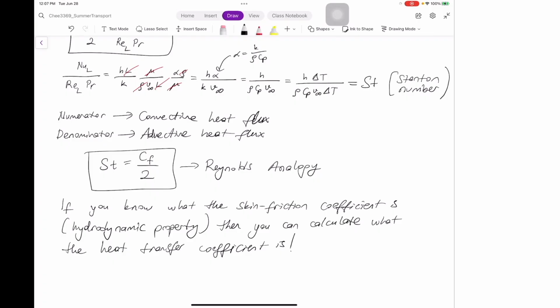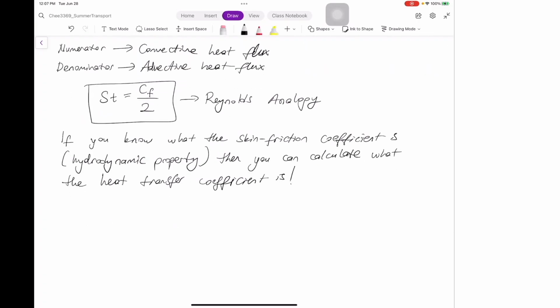Right. Okay. But the major assumption in Reynolds analogy is that the Prandtl number is almost 1, or nu is almost alpha.